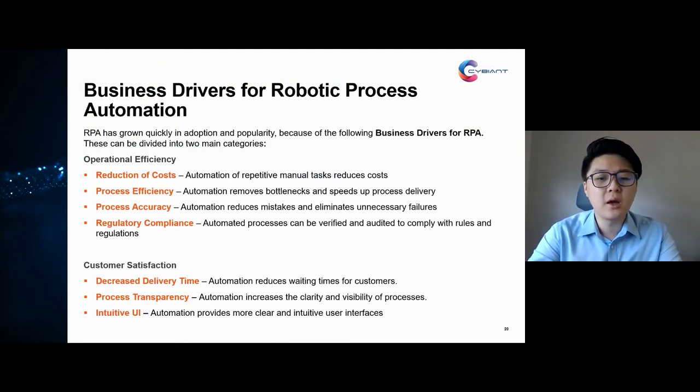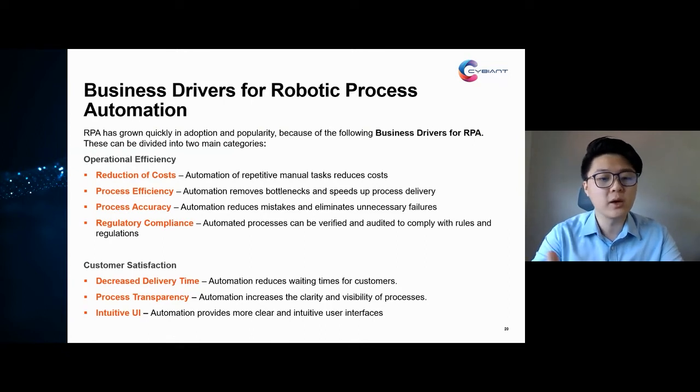Process efficiency: automation allows removing bottlenecks and speeding up process delivery. Process accuracy: automation reduces mistakes and eliminates unnecessary failures. And regulatory compliance: automated processes can be verified and audited to comply with rules and regulations. This is all about operational efficiency.